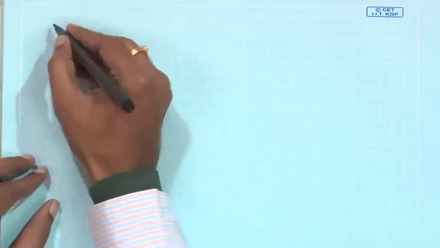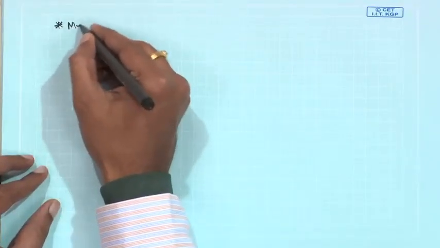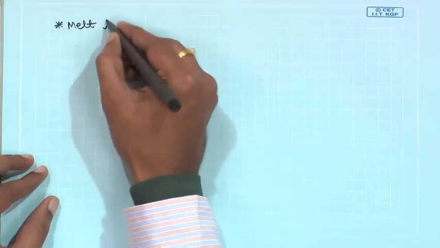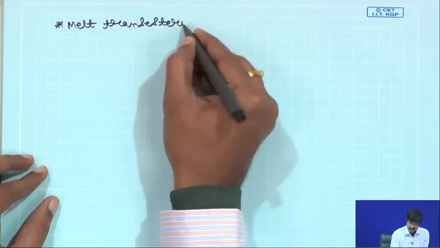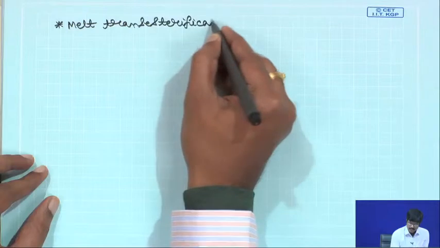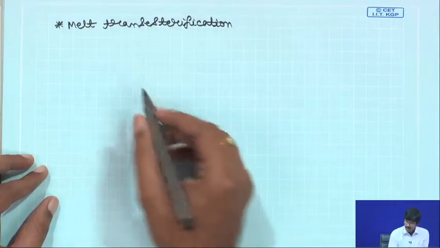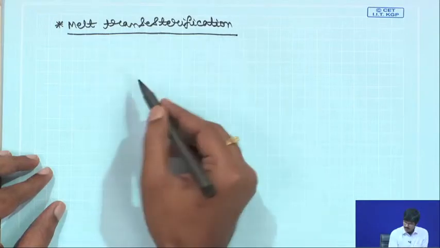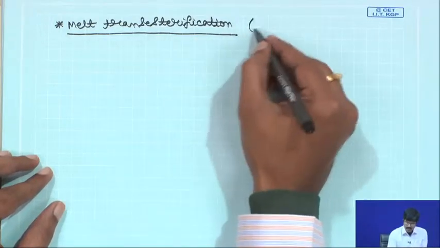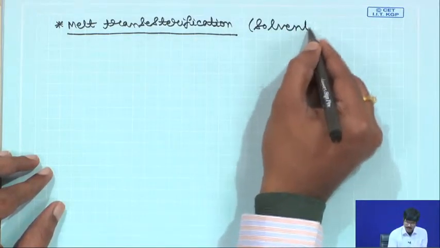There are other processes also that we are going to discuss now that are used to synthesize polycarbonates. So, one of them is melt transesterification. Basically this is a solvent free process.